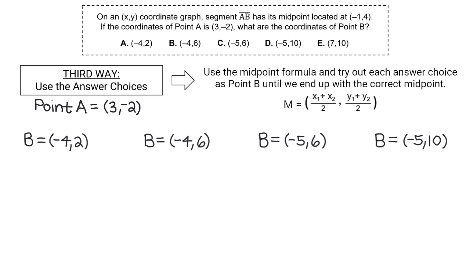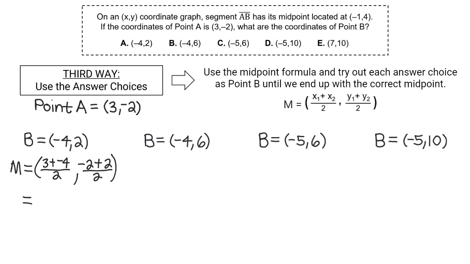So with point A being 3, -2, and with point B being -4, 2, the midpoint is going to end up being (3 plus -4)/2, and (-2 plus 2)/2.